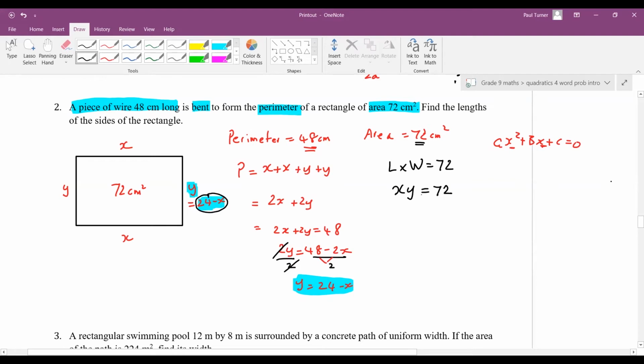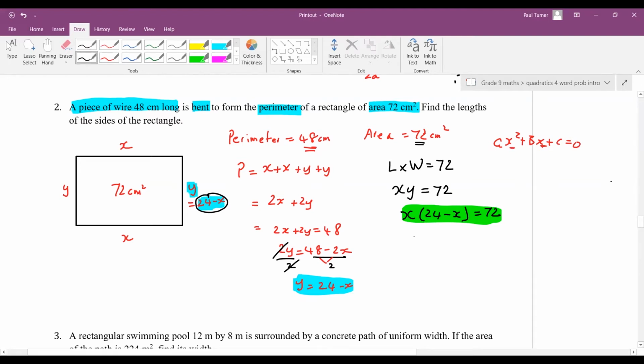So we'll take this number and substitute in here. So you'll get x times 24 minus x equals 72. And so now you see you have a quadratic equation in x. This was originally y, but I don't want to have to try to solve that with y. We need to eliminate y.